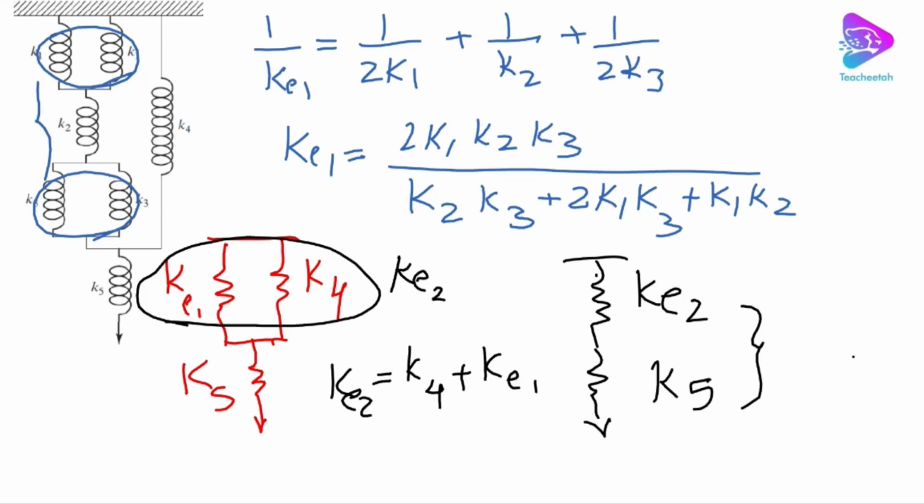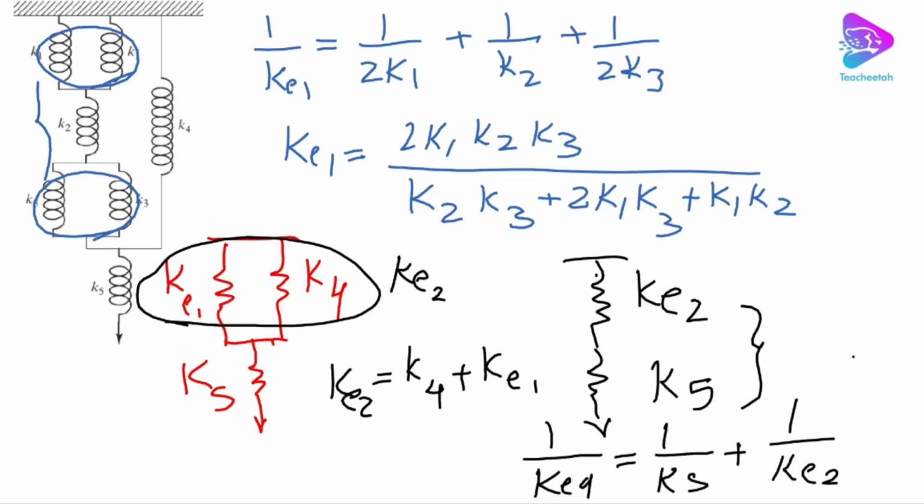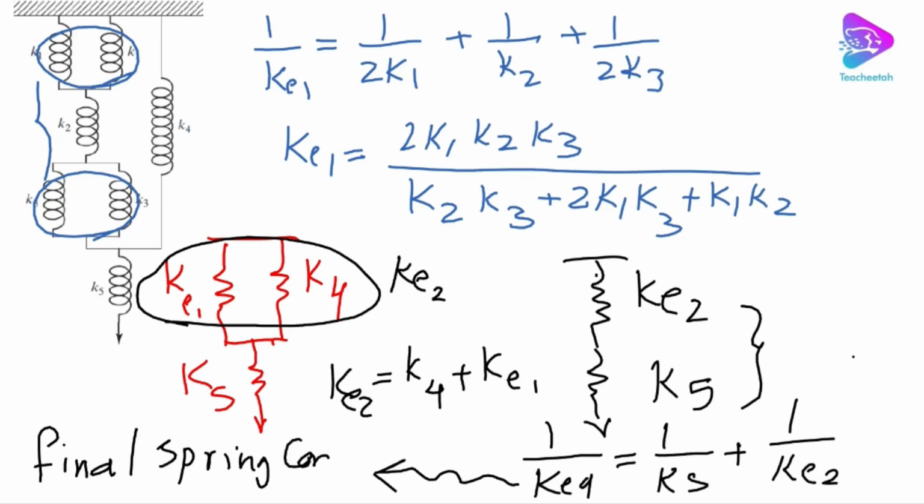So the overall or equivalent constant from these 2 would be 1 over KEQ, which is equal to 1 over K5 plus 1 over KE2. So from that we can find the final spring constant, right? That's it. This is what we are looking for, the equivalent spring constant.